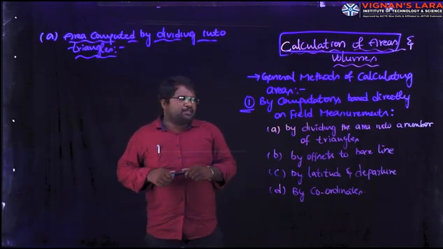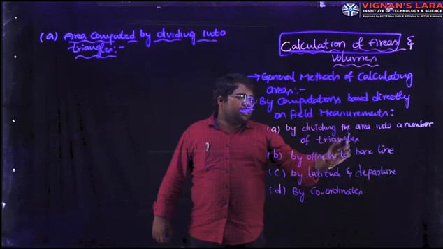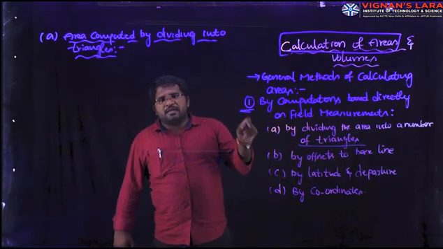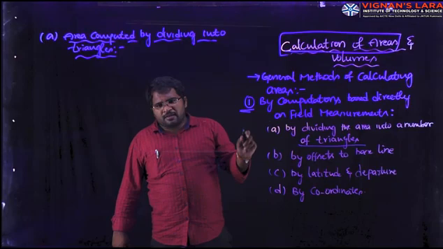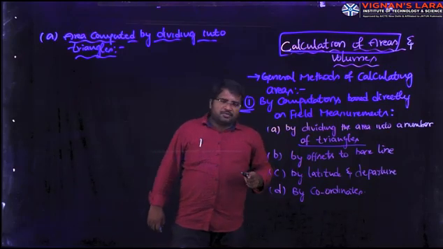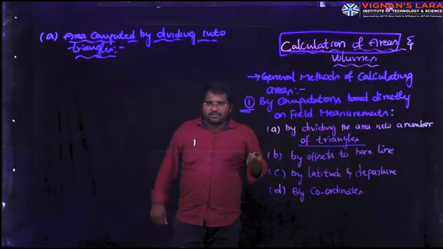The first method is dividing the area into a number of triangles, calculating the area of each triangle, and then summing all the areas of the triangles. Then we get the total area of that particular field.